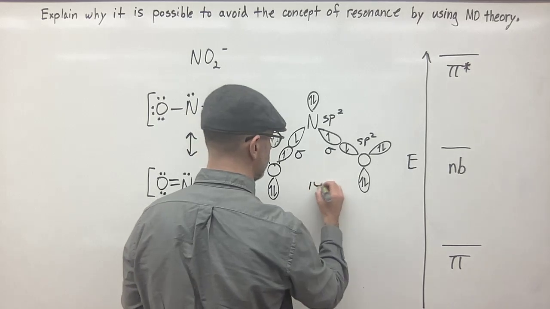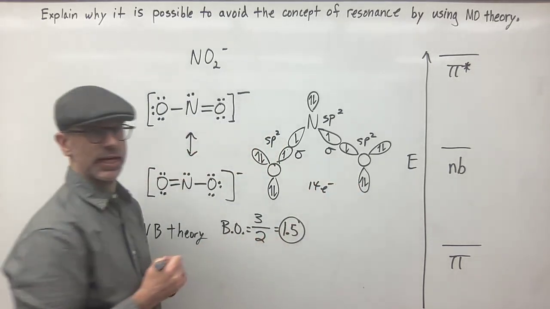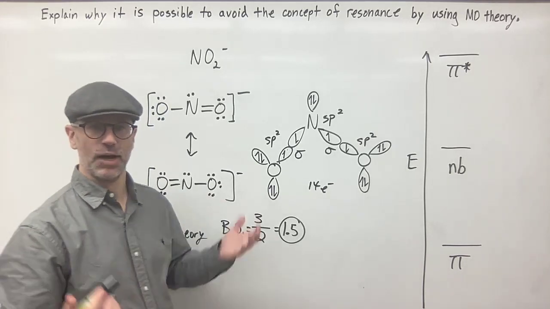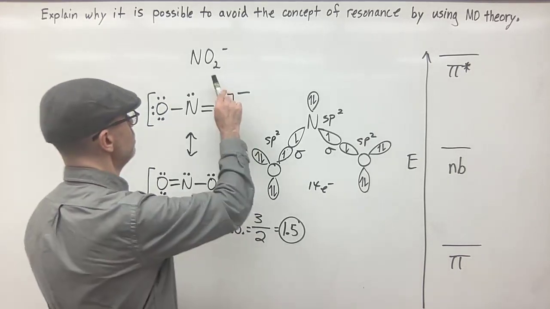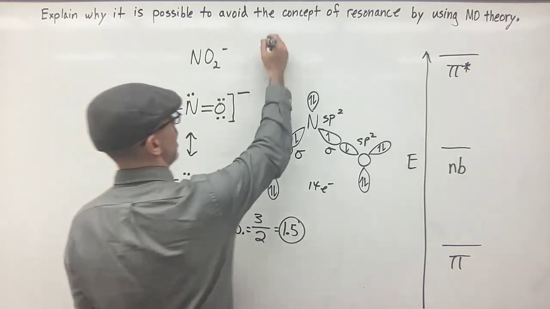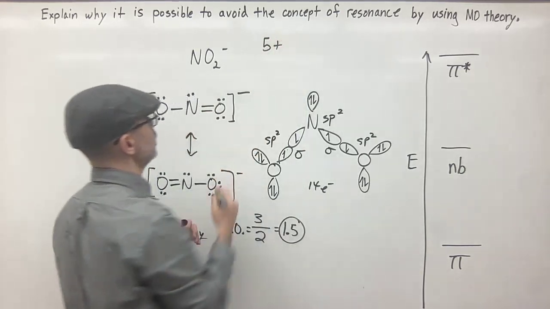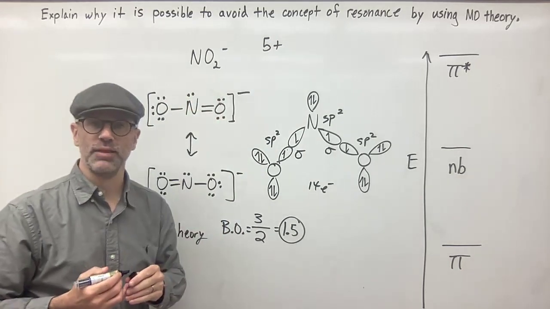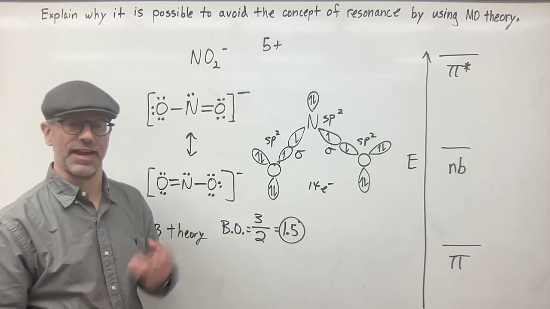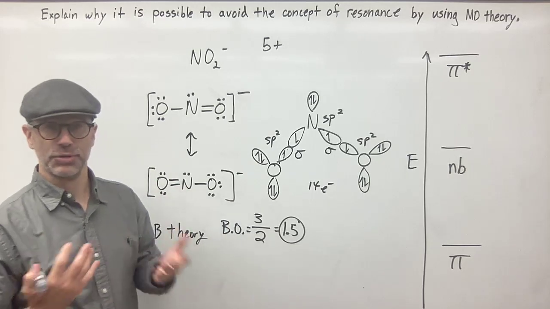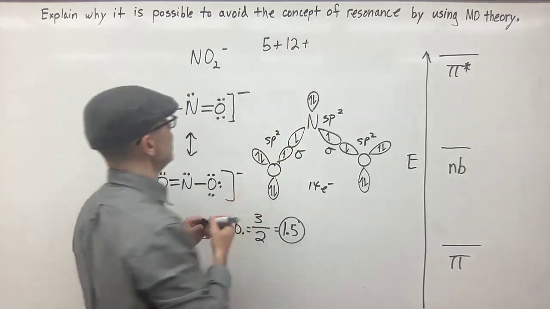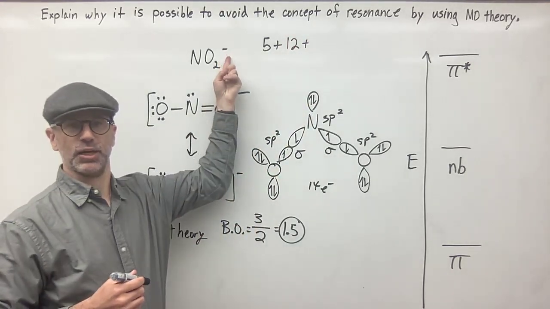So we used 14 valence electrons, but the total number of valence electrons is 18. How did I get 18? Well, nitrogen is in group 5, that's 5 valence electrons, plus each oxygen is in group 6, that's 6 valence electrons. I have 2 oxygens, 6 times 2 is 12, so that's going to add 12, plus I have a negative 1.